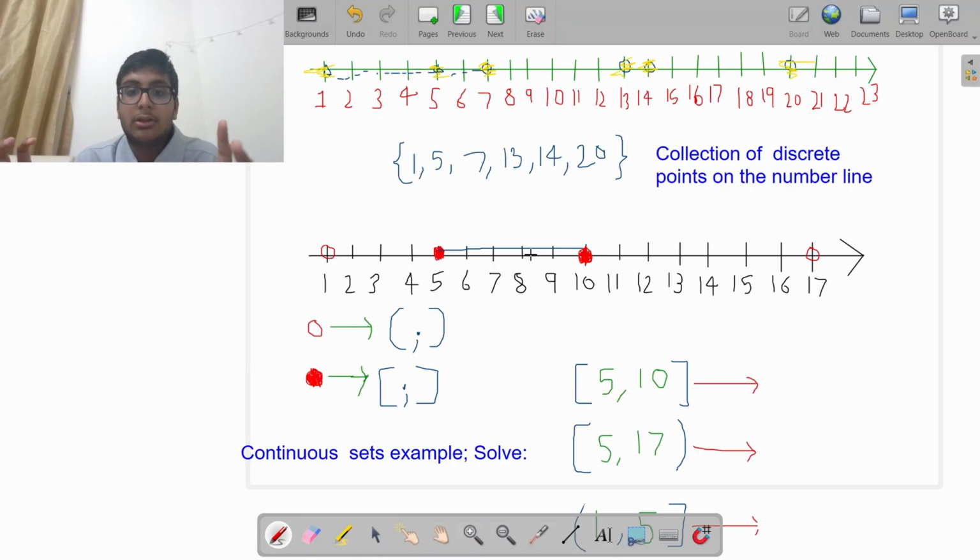And believe me, there are different kinds of infinities, and there is separate maths for calculating those different kinds of infinities. For example, there are infinite numbers between 5 and 10 because we are looking at decimal points. Even a small change in a decimal point makes a new number or new information.